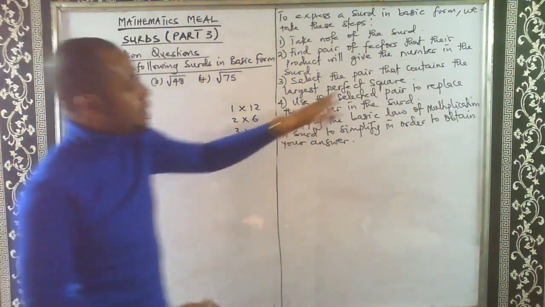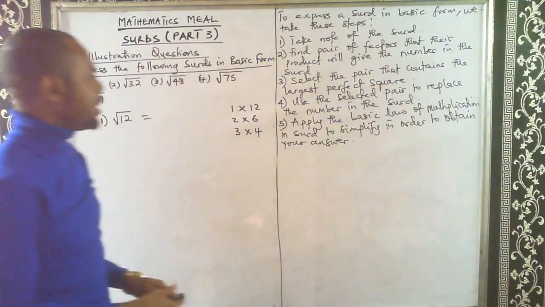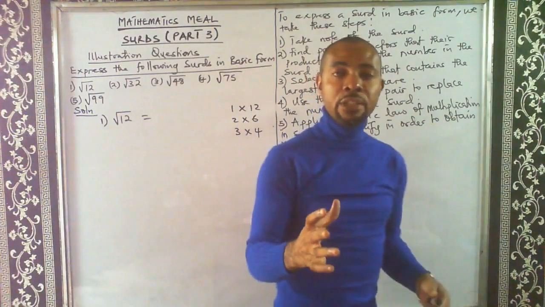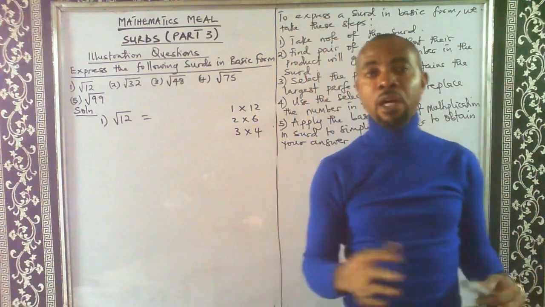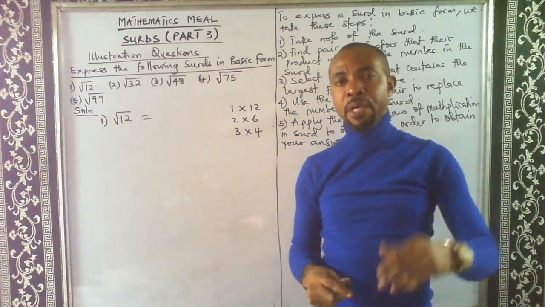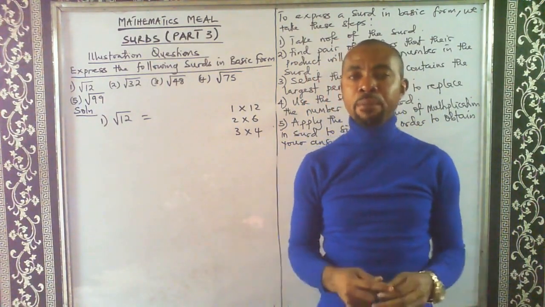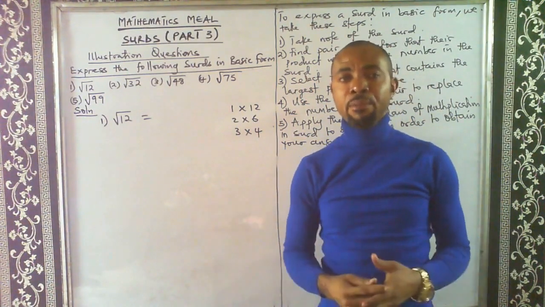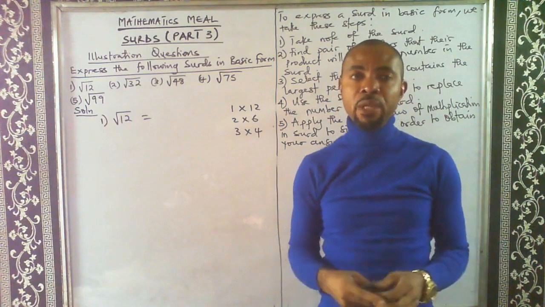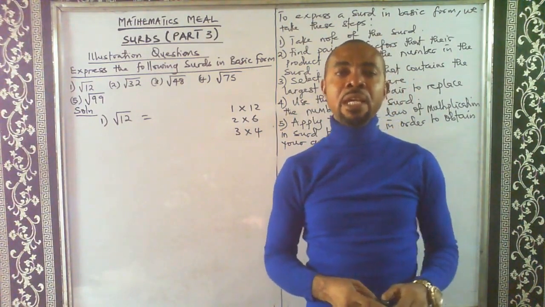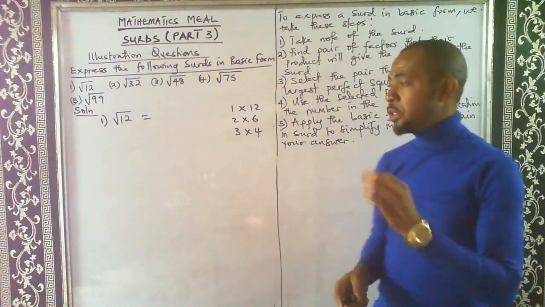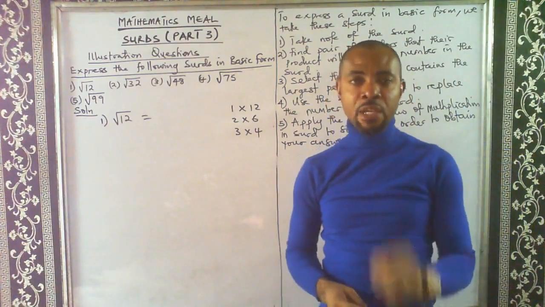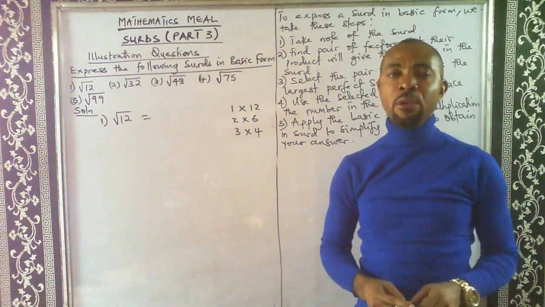They say select the pair that contains the largest perfect square. All right. From the knowledge of numbers, when you look at properties of numbers, one of the things you look at is prime numbers, prime factors, then perfect squares. And a perfect square is a number whose square root is what? A whole number. So when the square root of a number is a whole number, that particular number is a perfect square.